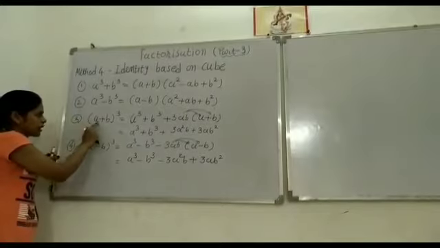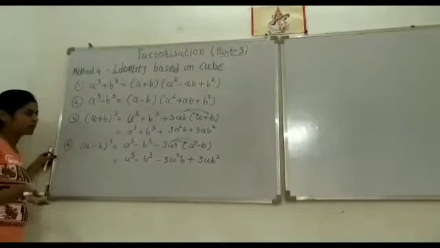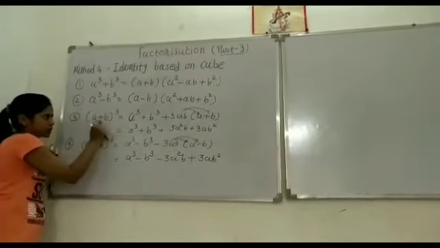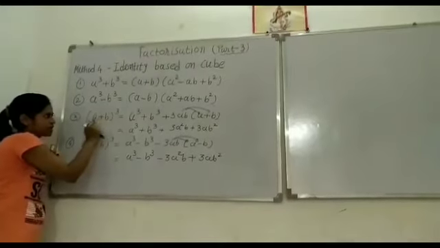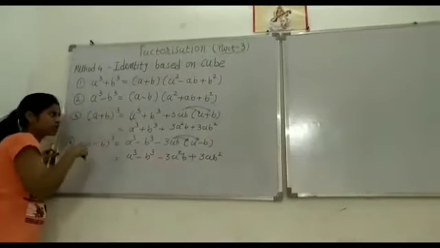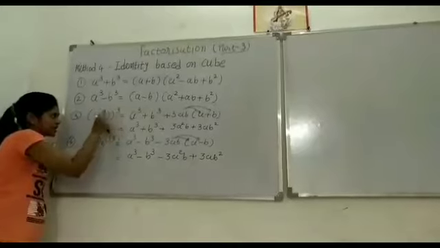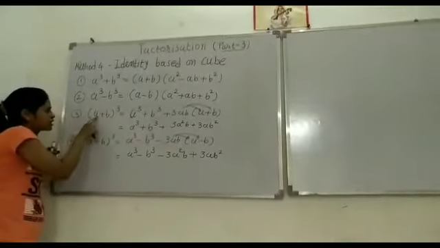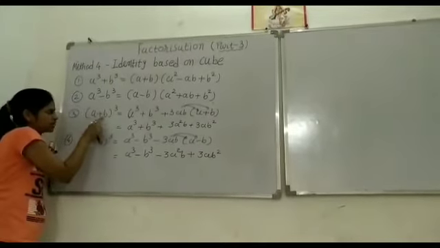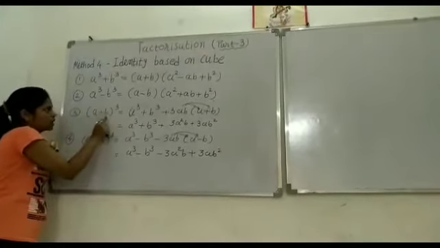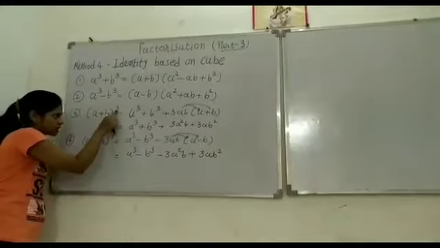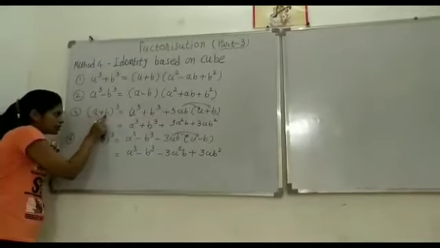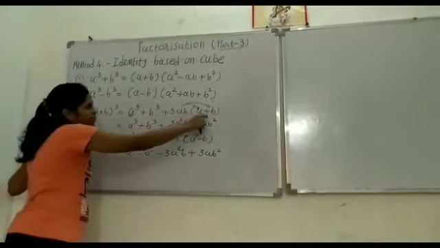Now whenever you have a plus b whole cube, how can you remember? First cube plus second cube, that means a cube plus b cube, then plus 3 times the product of these, and again its product with respect to a plus b. That means a cube plus b cube plus 3 times a into b in bracket a plus b.